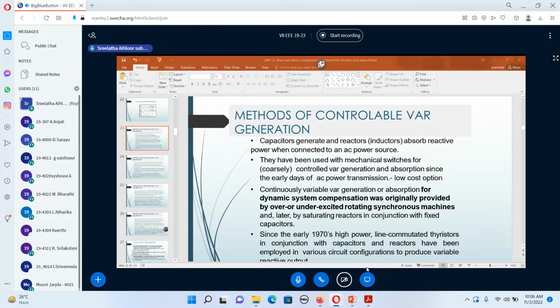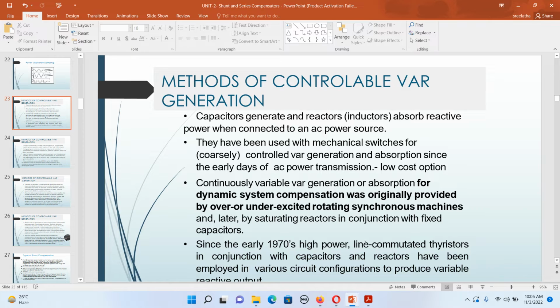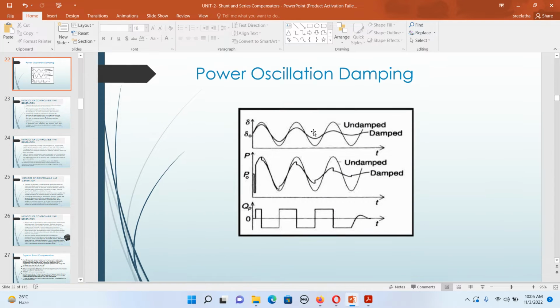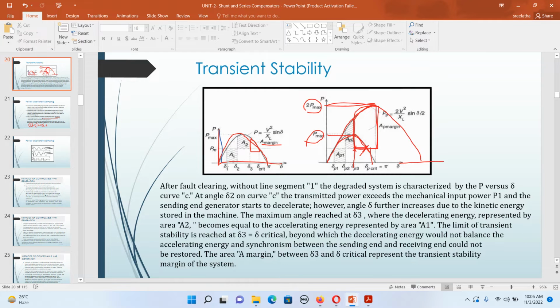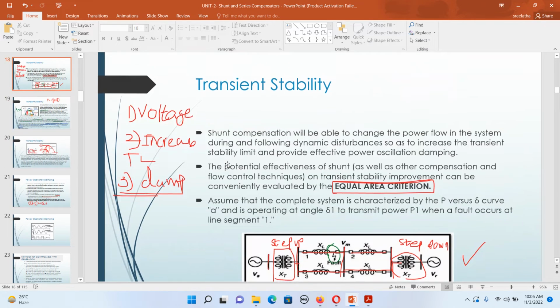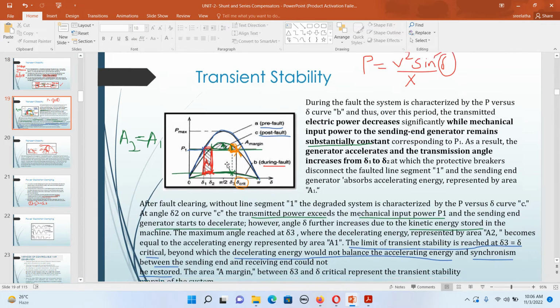Okay, so today's topic. Last time we were discussing shunt compensation, which is useful for transient stability and voltage regulation, and improves the transmission efficiency of the transmission line.